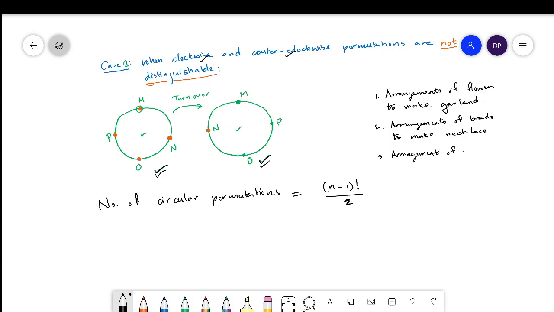of people so as not to have the same neighbors. So this is another interesting circular permutation.